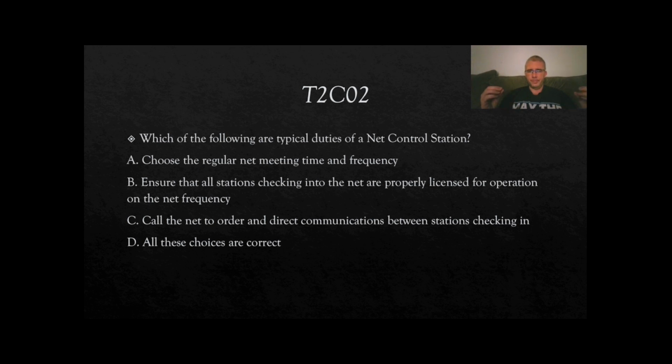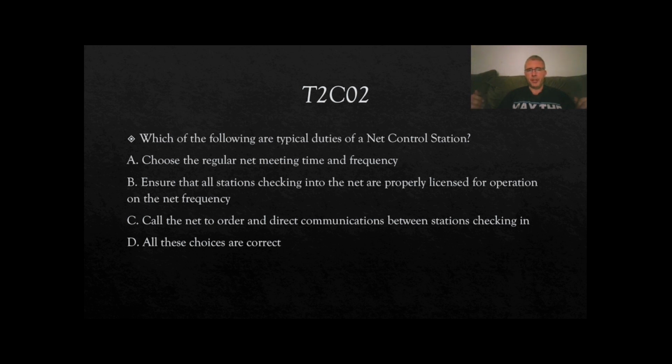So, yeah, they probably could choose the regular net meeting time and frequency. That part's not really important in this particular discussion. Sometimes a group of people can agree to a time and a meeting and say, hey, you can be the net control operator. And then that person would be the net control operator.